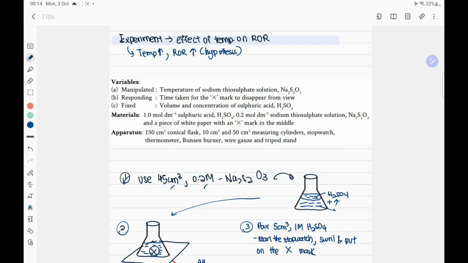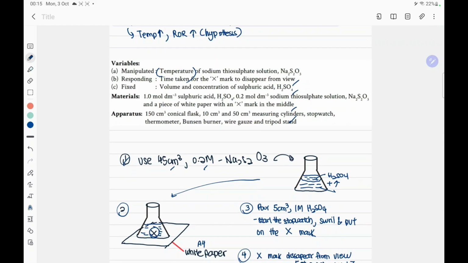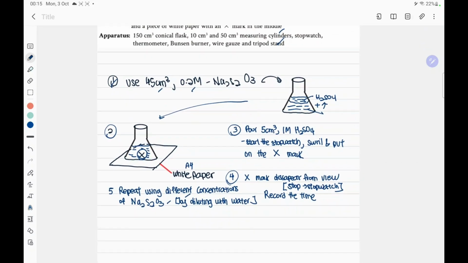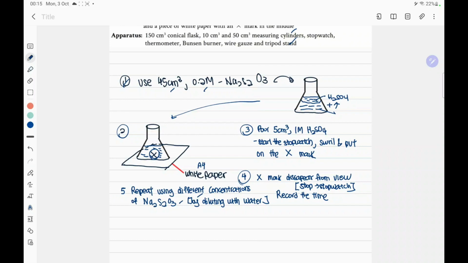So instead of changing the concentration, now we are changing the temperature of the sodium thiosulfate solution, and everything is the same. Okay, so this is what I copy-pasted from my previous page. Note here, everything is the same except a few steps.